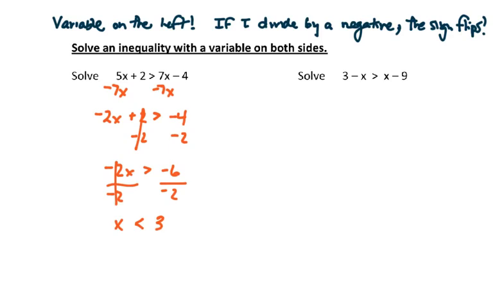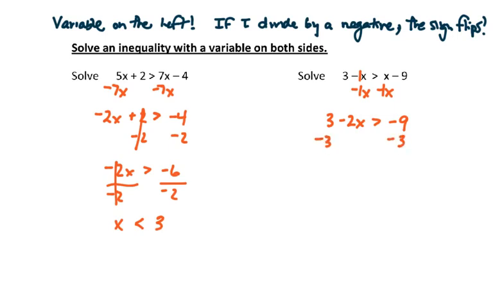Same exact process on the second one. We're going to subtract x, which is really 1x, from -1x. We've got 3. -1 minus 1 is -2x. And then everything else comes down. We're going to subtract 3.